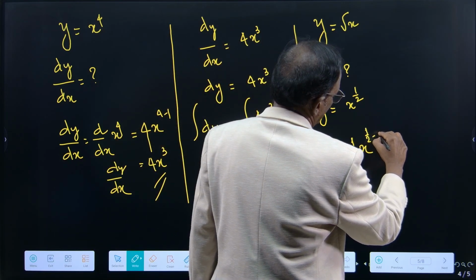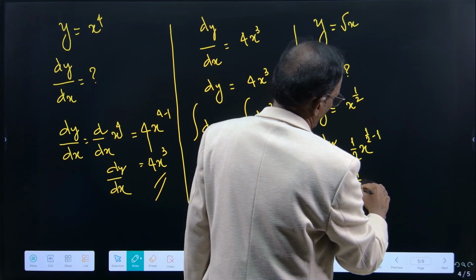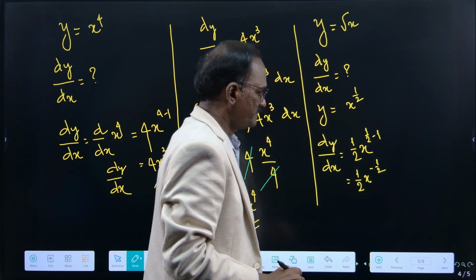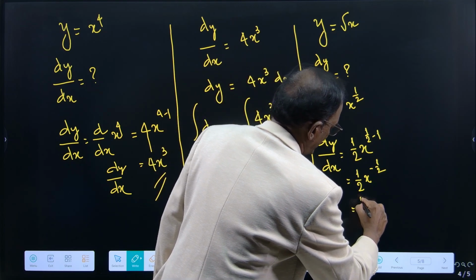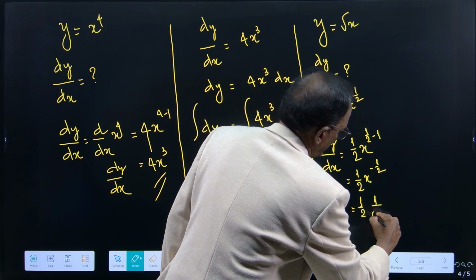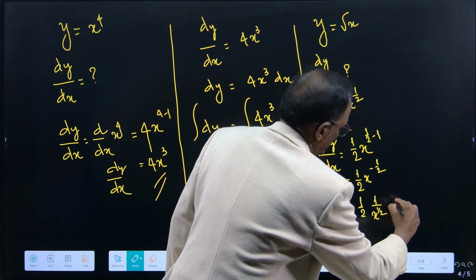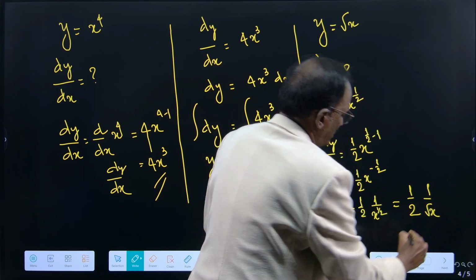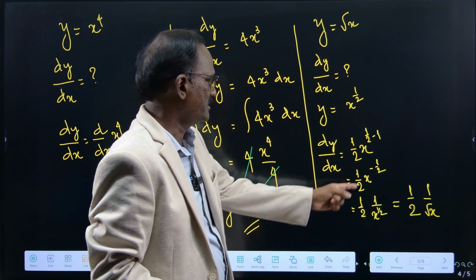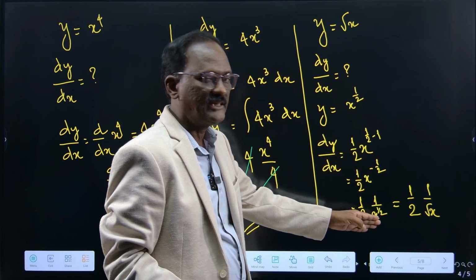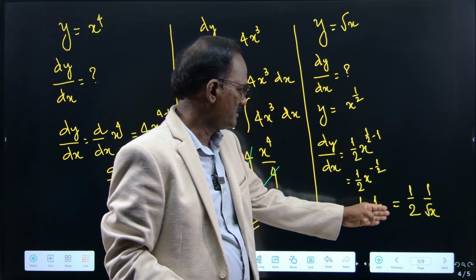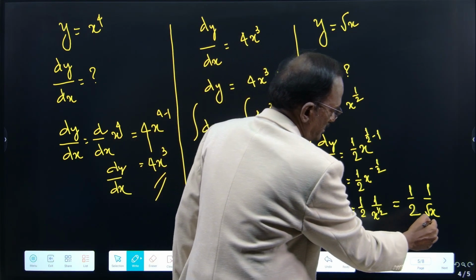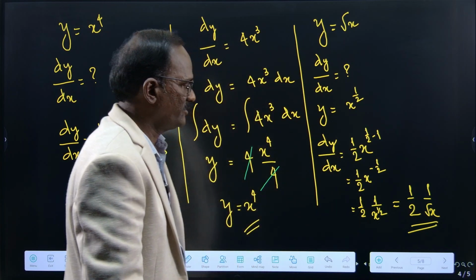Then decrease the power. So 1/2 of x power of 1/2 minus 1 is minus 1/2. This can be written as 1 by x power of 1/2. Since it is having a minus sign, I am bringing it to the denominator: 1 by 2 constant, 1 by x power of 1/2, which is written as 1 by root x. So this will be the answer.